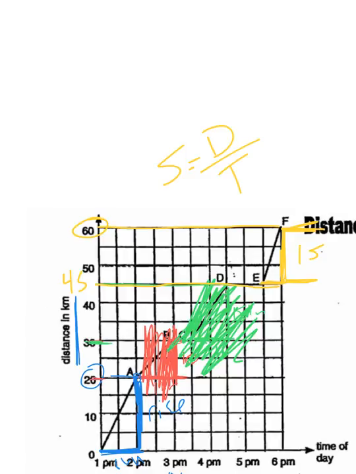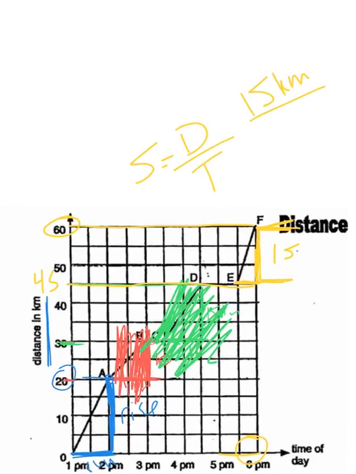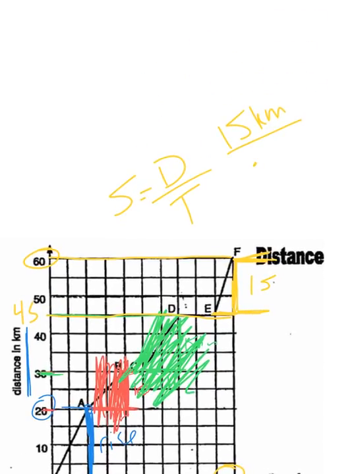So the distance traveled between E and F is 15 kilometers. And then time. This one only went over 1 box, and if you recall, 1 box is only half an hour. So they traveled 15 kilometers in half an hour. So 15 divided by 0.5 is actually going to be 30 kilometers per hour.